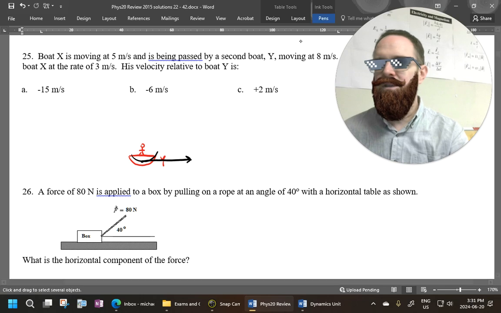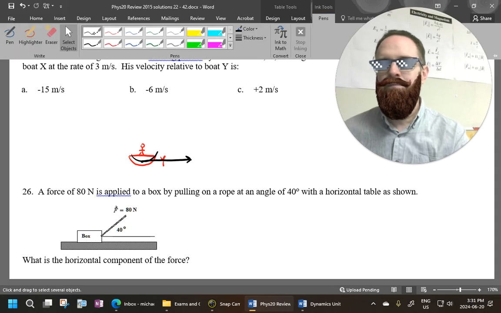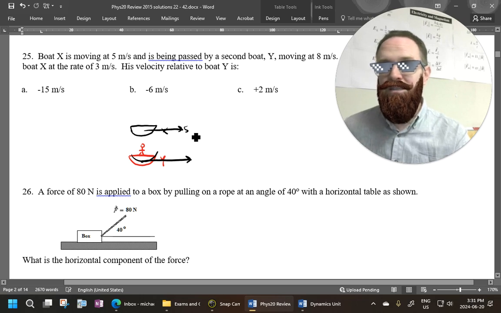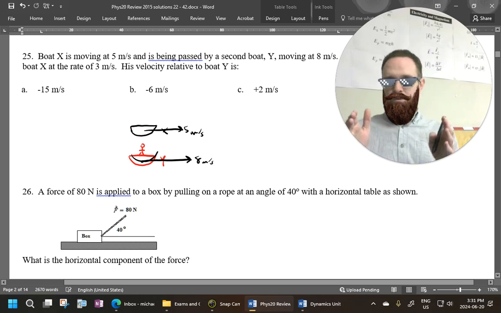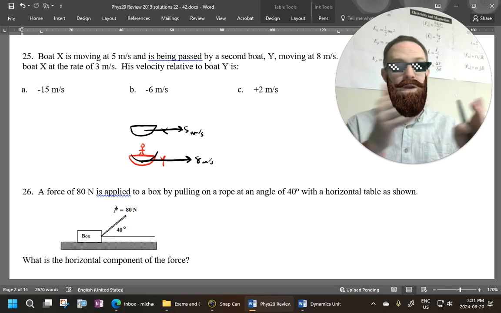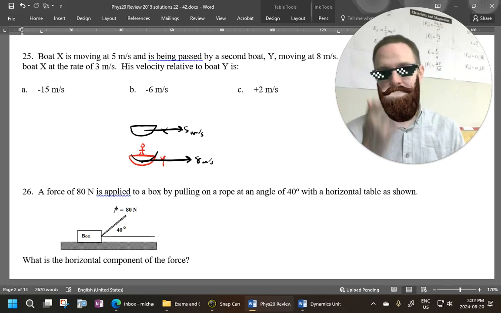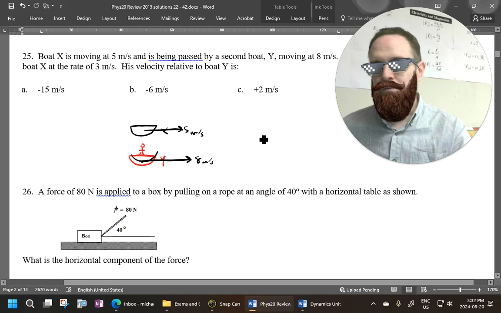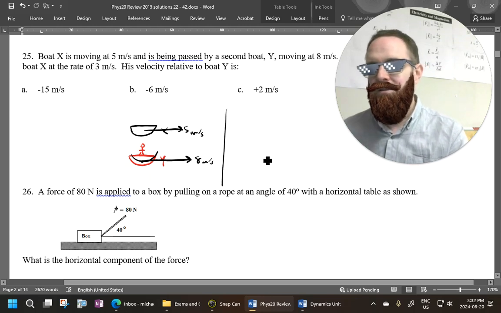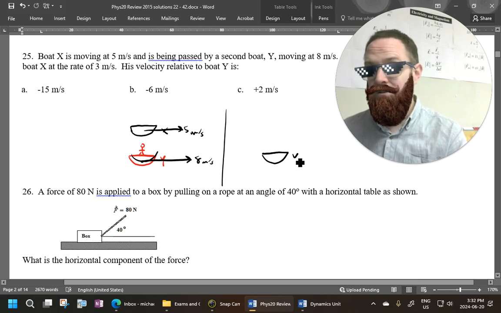Okay, so if this is boat X here, I'm going to draw boat X, and it's moving at 5 meters per second. And this one's moving at 8 meters per second. So to the person on boat Y, it looks like that boat is moving backwards, right? Because they're passing them. So if I change the frame of reference to someone on the shore, to the guy as if he's standing still, so boat Y is now 0, right?